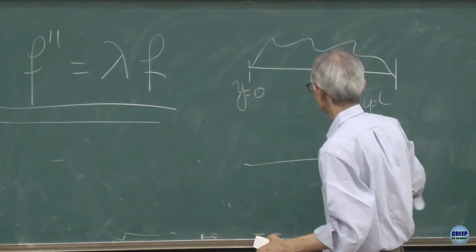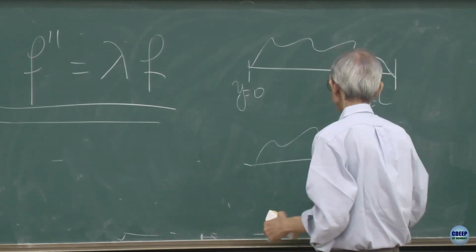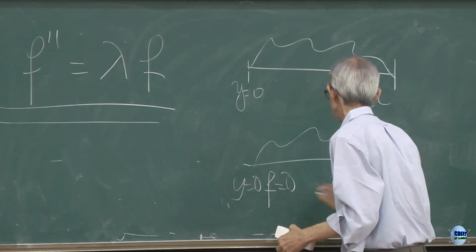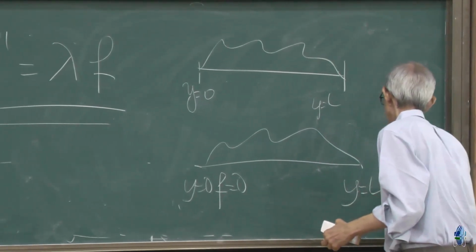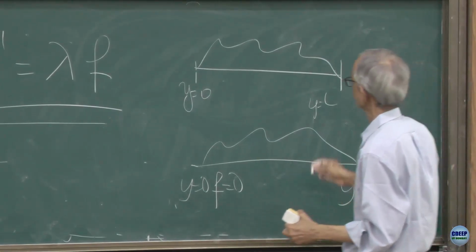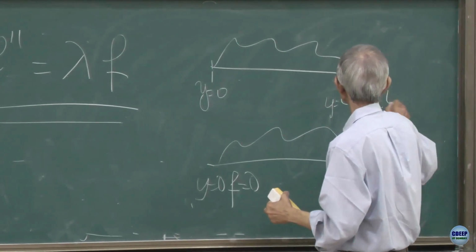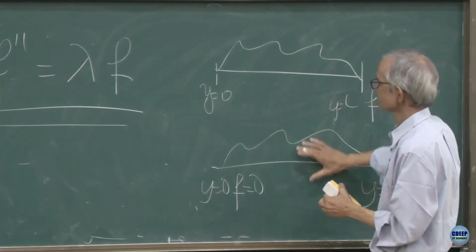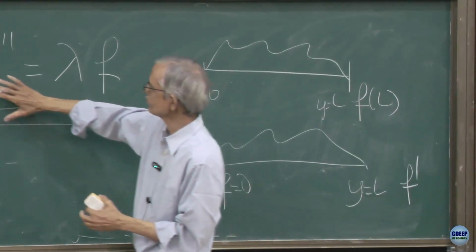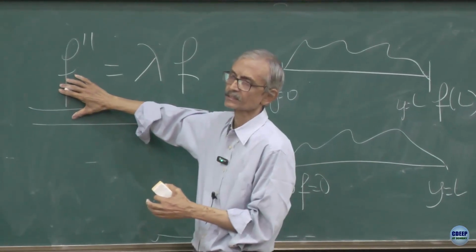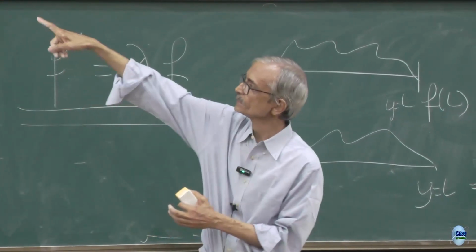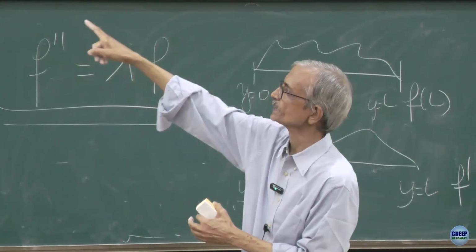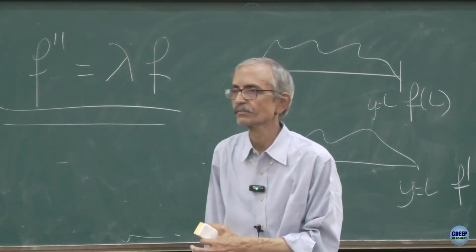The other situation was where at y equal to 0, f was equal to 0, and at y equal to L, an f prime was given to me. Here at y equal to L, fL was given to me. For both these situations, we ended up with an equation that looks like this. And this is nothing but the first equation, which is a general second order eigenvalue differential equation.